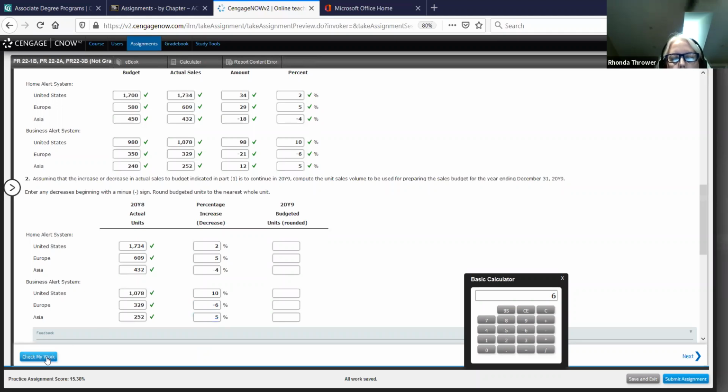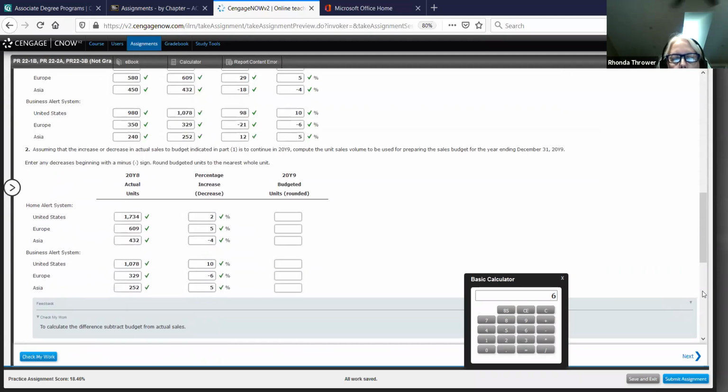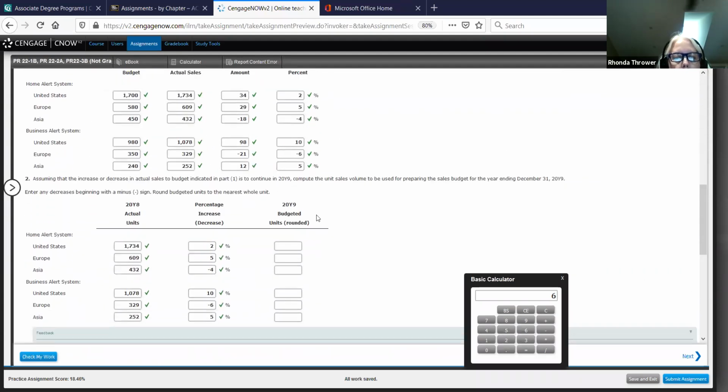And again, just check your work, just make sure you typed everything in right. And now we've got to find the budgeted units. Now what they're asking you for is to multiply this times the percent of increase. If the increase was positive, just add 100% to that and multiply it by this, and it'll give you the amount of units that you need. So you can eliminate a step by doing that.